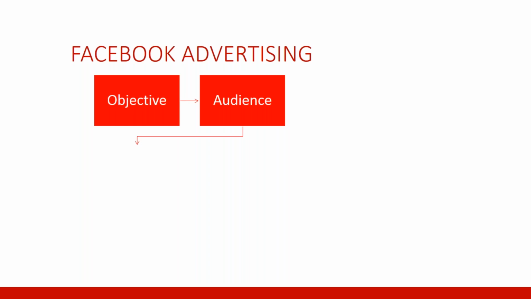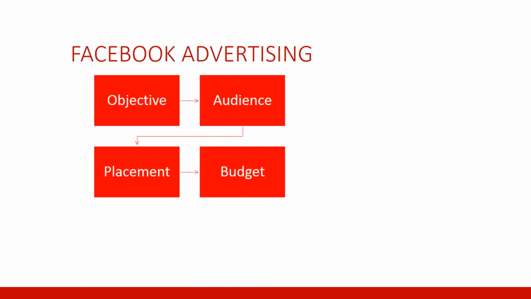Now, I'm really just going to run through this because you can figure it out yourself. And while it says Facebook advertising, this same formula applies for all online digital advertising, including Google AdWords.